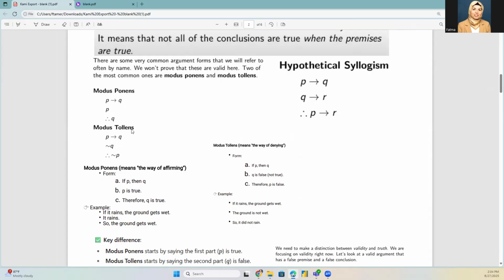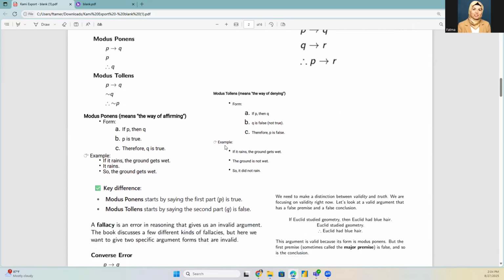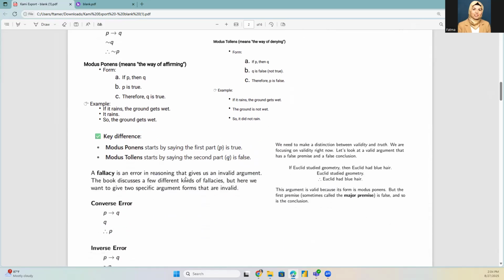Now let's look at modus tollens, which means the way of denying. It always has the form: if P then Q, not Q, therefore not P. Looking at the same example, if it rains, the ground gets wet. They start with the same premise here. Now we deny the Q, so we say the ground is not wet, so it did not rain. The key difference is that modus ponens starts by saying the first part is true, while modus tollens starts by saying the second part is false.